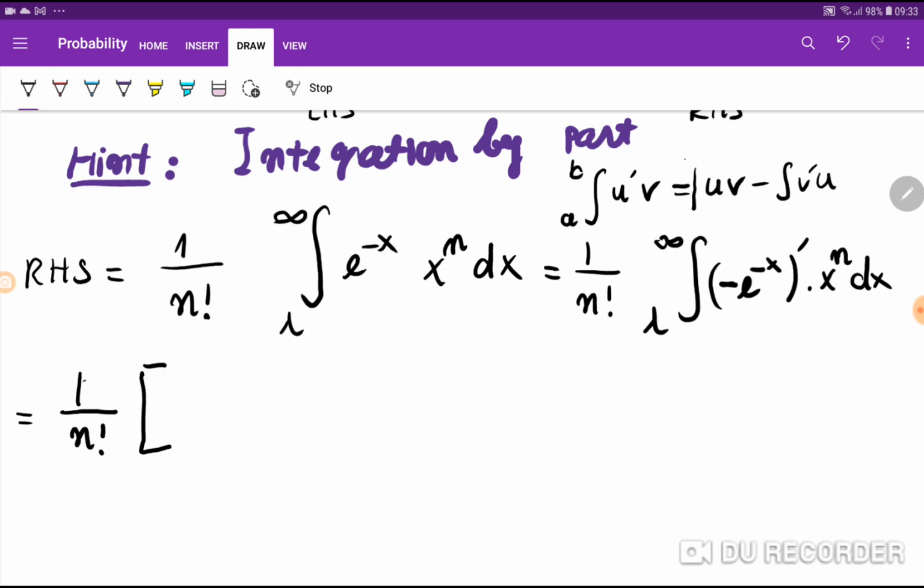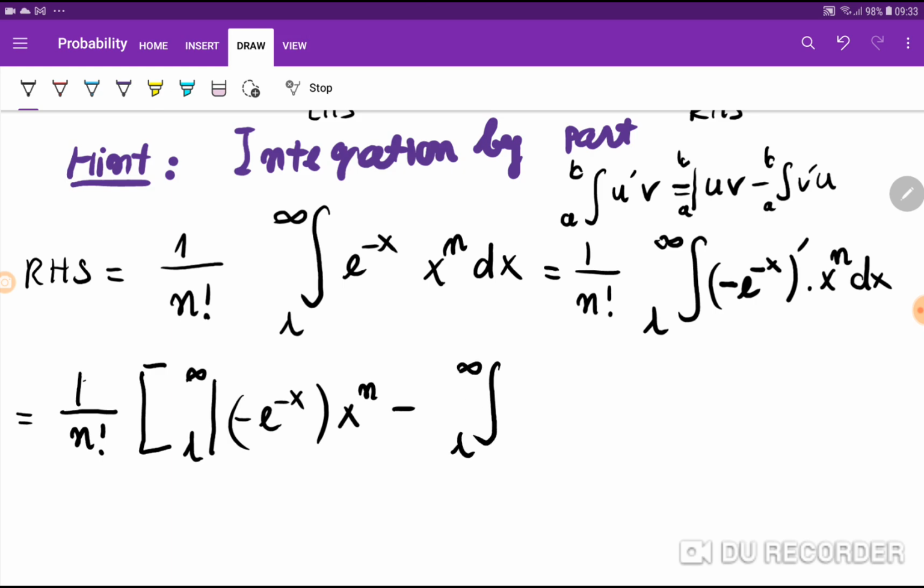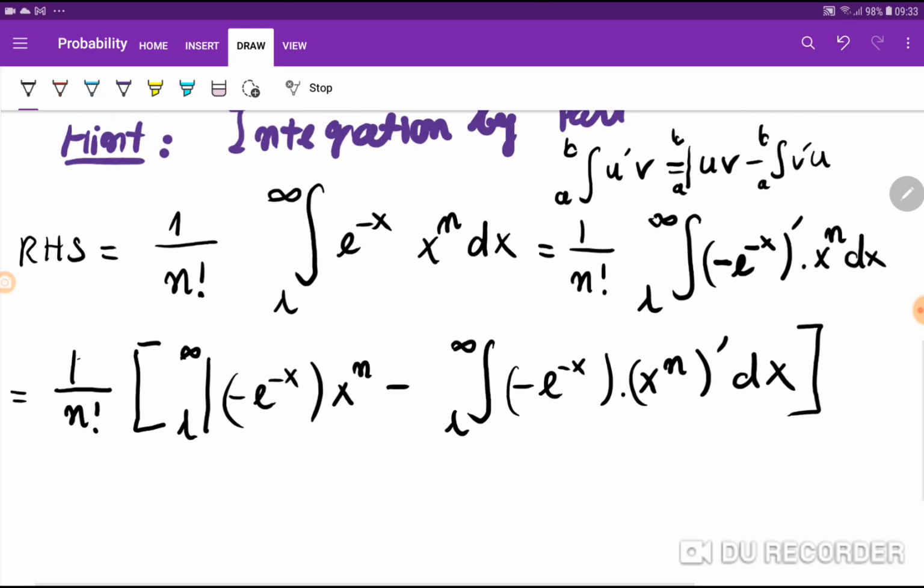So we will have, from lambda to infinity, negative e to the power negative x times x to the n, minus the integral from lambda to infinity of negative e to the negative x times the derivative of x to the n, dx. Does it make sense so far? I'm literally using the product rule of integration, or whatever you want to call it.